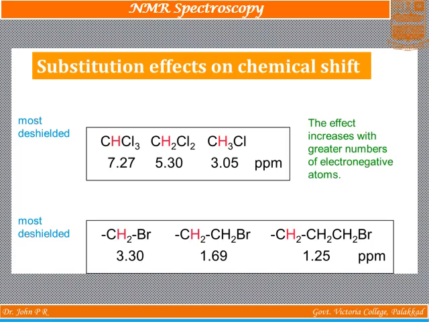If we add two chlorines, it's an added effect. The chemical shift value shifts to 5.3 ppm. If you consider chloroform CHCl3, the chemical shift value is at 7.27 ppm.